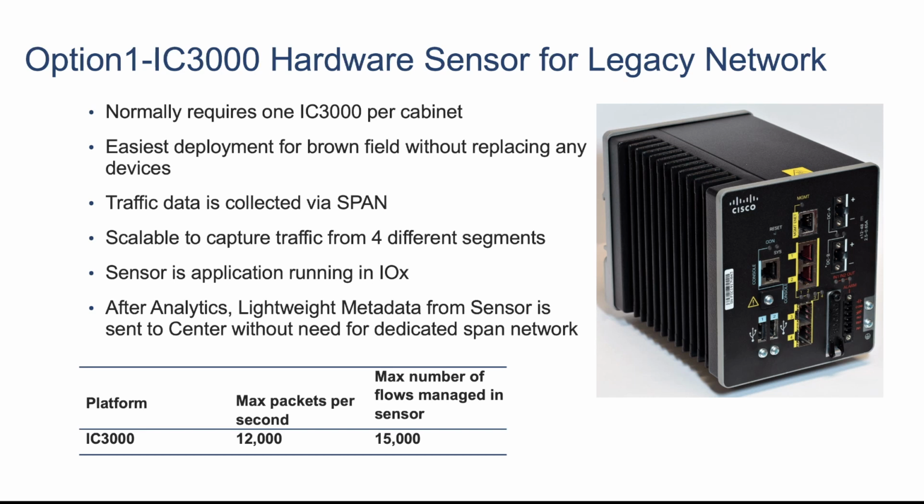This is an application running in IOx. After analytics, the lightweight metadata from the sensor is sent to the center without the need for dedicated sensors or a span network. Since this is edge computing, it also has a few limitations: it has a maximum scalability of 12,000 packets per second or 15K flows.